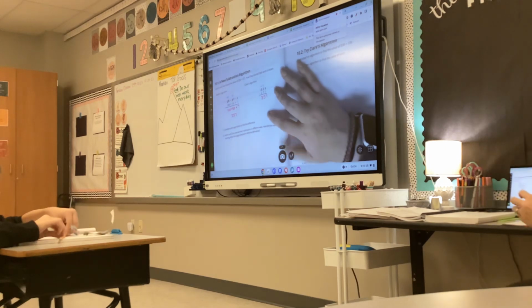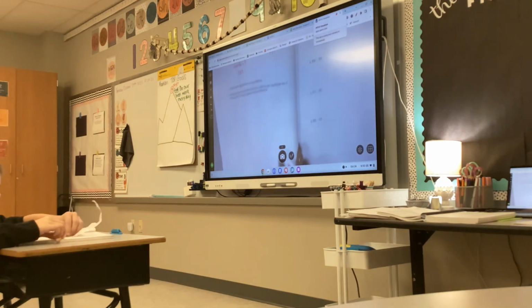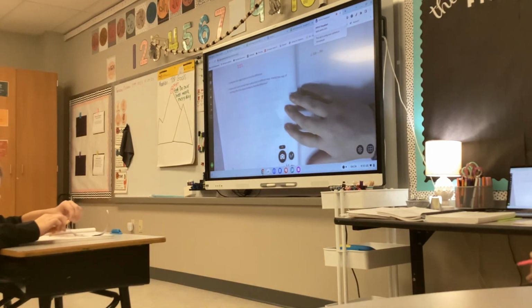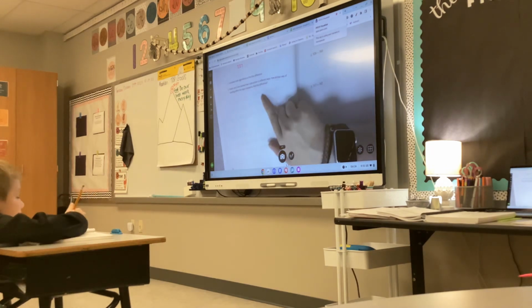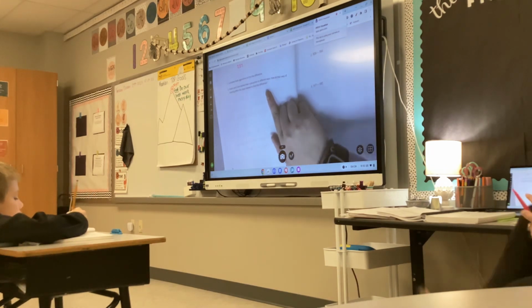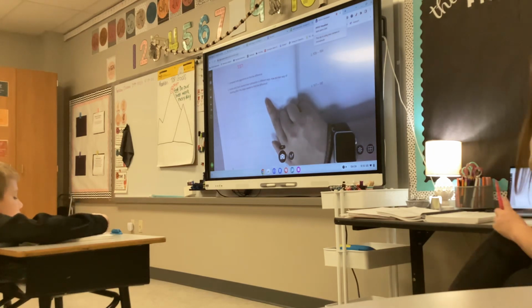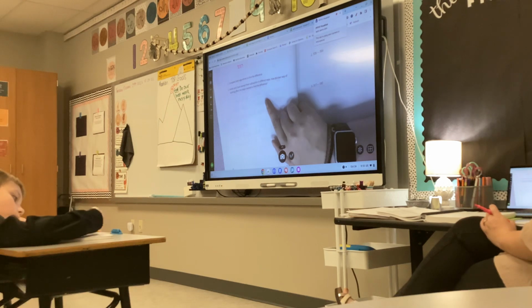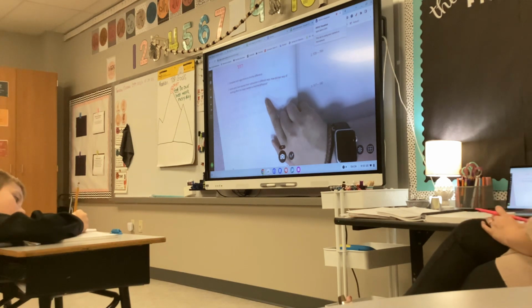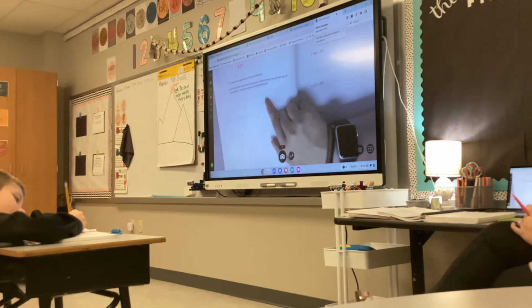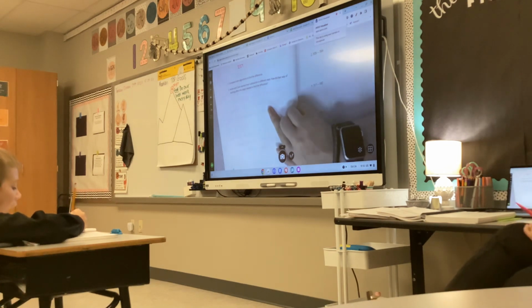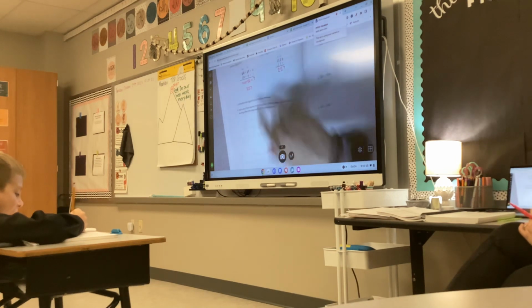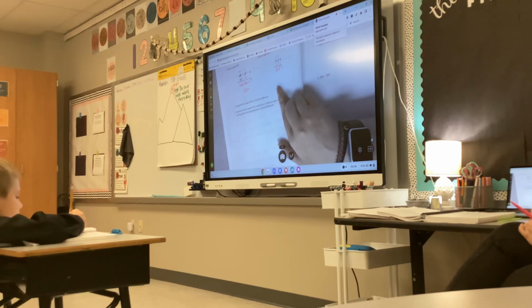Okay, so now we're going to go down to the bottom of the page right here. Andre and Claire started their subtraction in different ways. How did their way of starting affect the steps to find the difference? Does anyone know? Do you want me to rephrase that a little bit? Okay, so Andre's algorithm and Claire's algorithm started different, right?